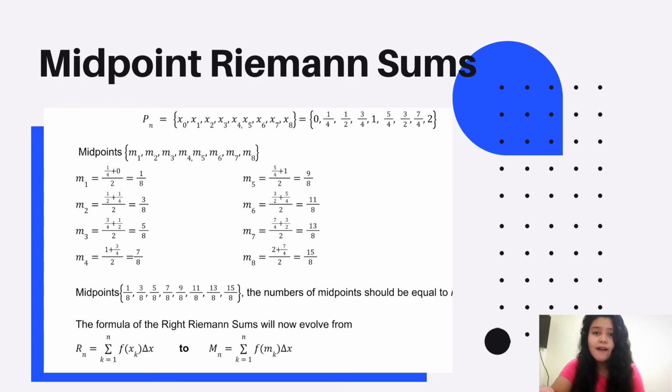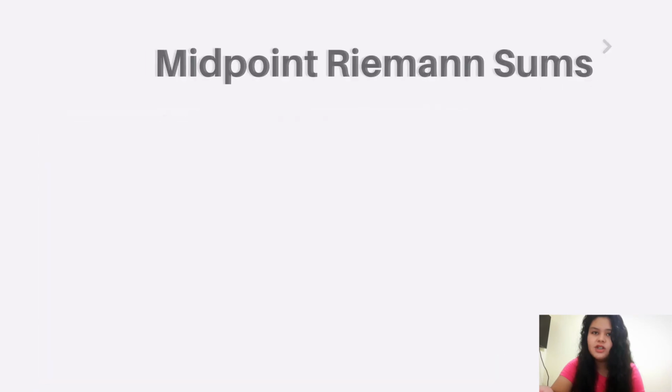Since we have found the midpoints, we can now get the sum of the areas. To get the sum of the areas, we just need to evolve the formula for the right Riemann sums. We will change r sub 1 to m sub 1, and we will also need to replace x sub k with m sub k because we will be utilizing the midpoints instead of the partition points.